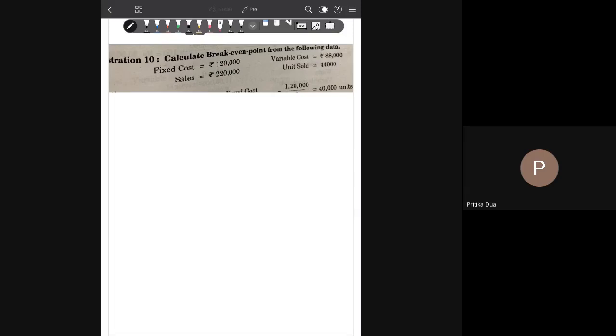So how much is the break-even point coming in quantity and rupees? Yes, why is it taking so long? Just share the answer.